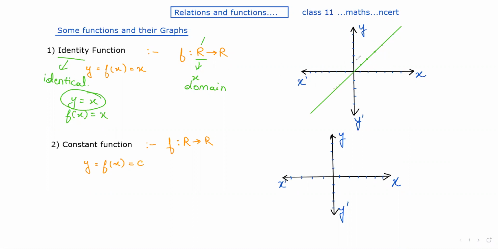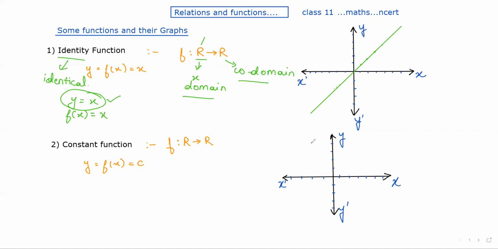Since x equals real values, y will also be real values. This is your codomain. So whenever someone asks you what is an identity function, all you have to say is y equals x. But you should remember what is your domain, what is your codomain, and what its graph will look like.